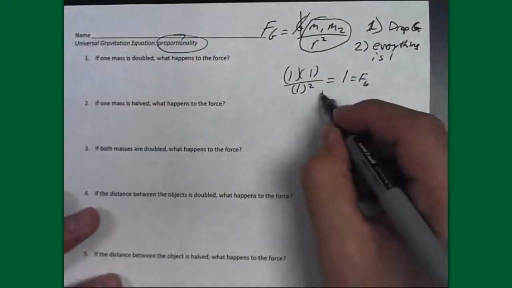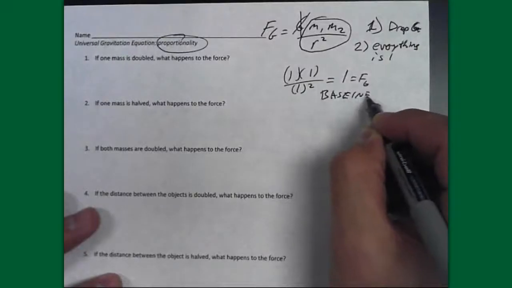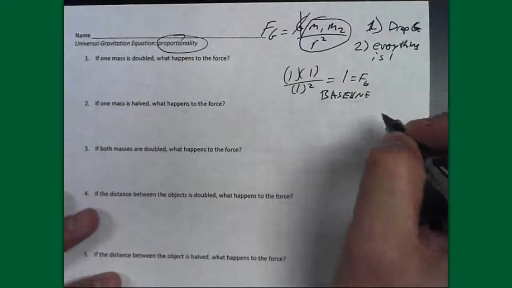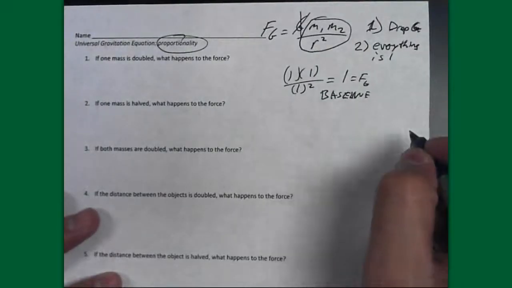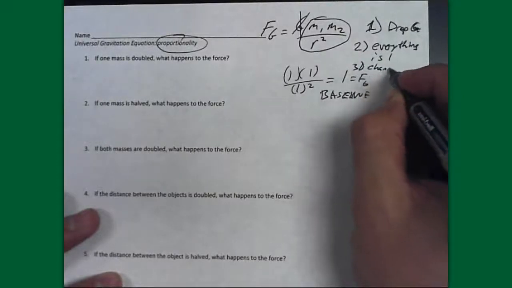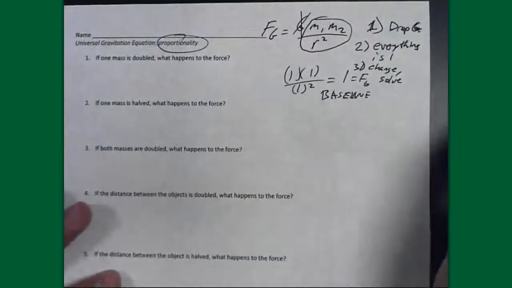So that's going to be our baseline, right? That's where we start. That's where I know I'm coming from, all right? And then the last thing you do is change what they want you to change and then solve it. Here's what I mean by that.